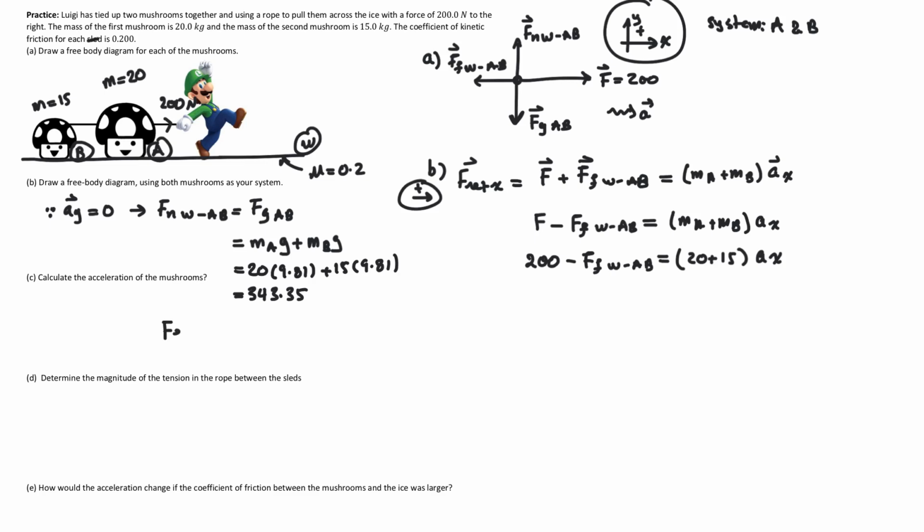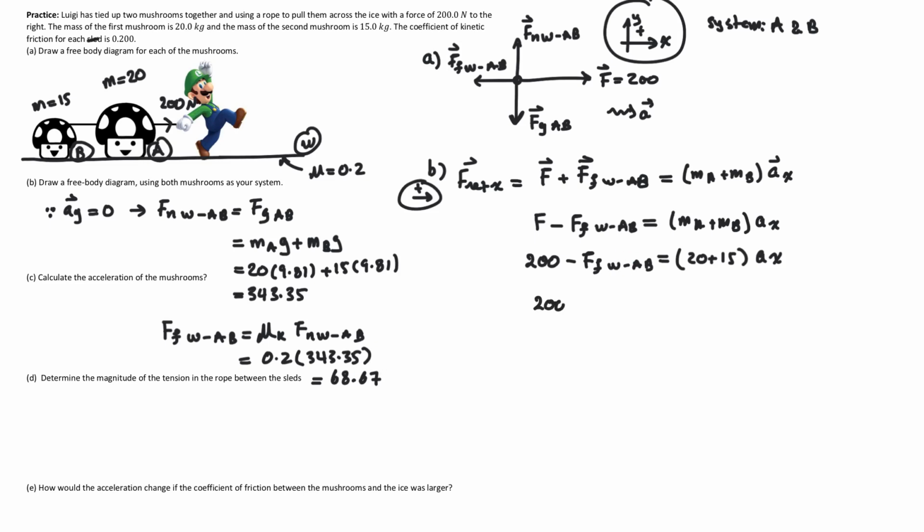To find the force of friction from the surface onto AB, we will multiply kinetic mu by the normal force, so it's 0.2 multiplied by 343.35, which will equal 68.67.